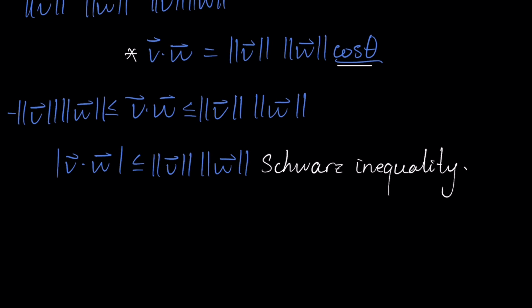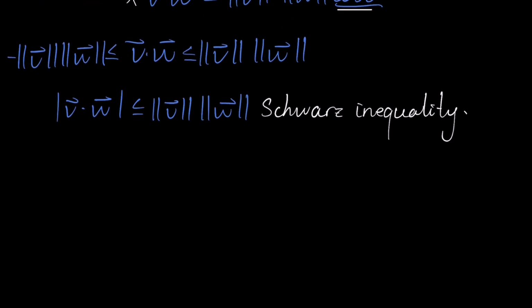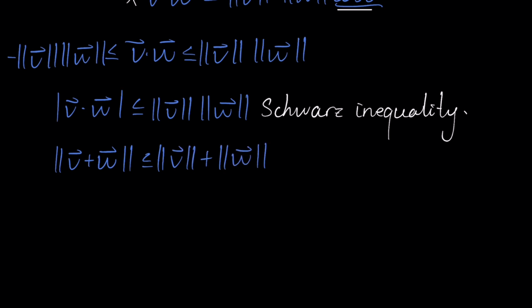Another famous inequality can also be formulated in terms of linear algebra, and it's the triangle inequality. And it's saying that the length of v plus w is less than or equal to the length of v plus the length of w. This is the triangle inequality.